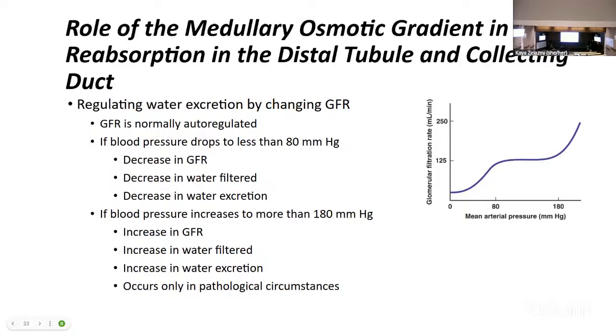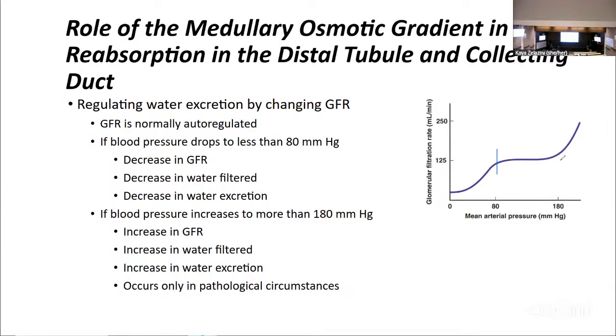Hopefully, our glomerular filtration rate is being appropriately regulated. Reminder that we have this central range between 80 and 180 millimeters of mercury for our mean arterial pressure, where we shouldn't see a change in GFR.